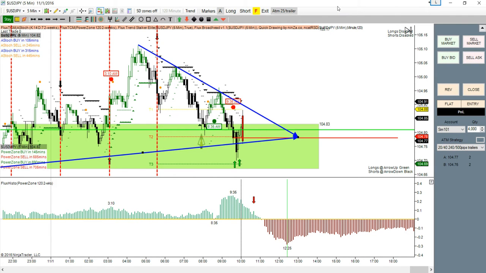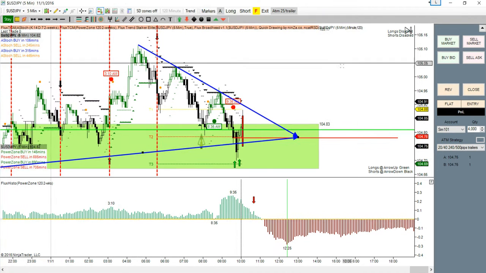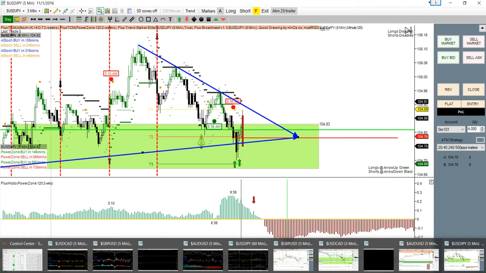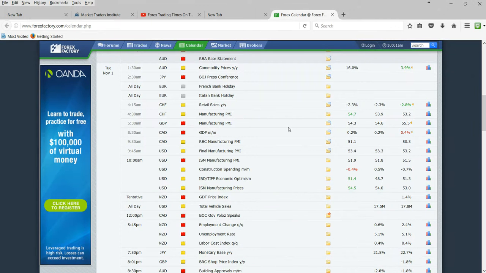We got the global dairy trade, so oh my God, be very careful with that dairy trade if you're trading in New Zealand, anything, because that thing will destroy your positions. I forgot about that. All of a sudden I saw it, and it comes out. It's a tentative.